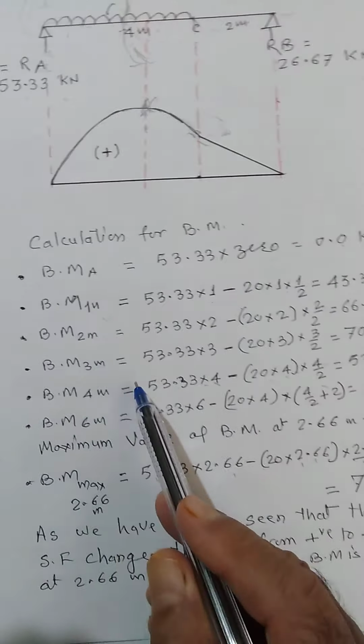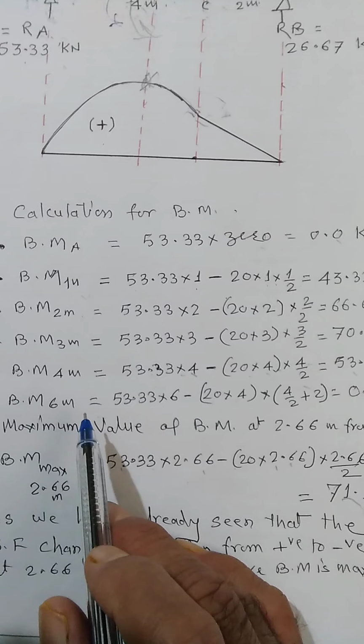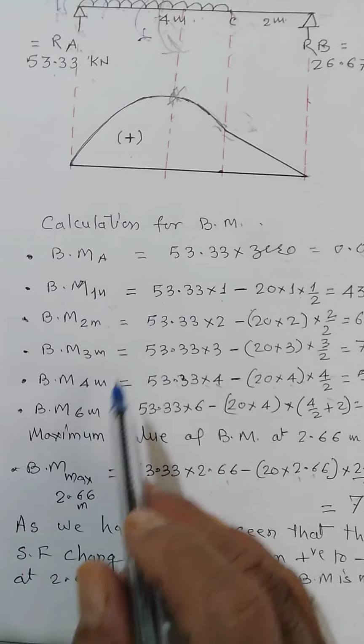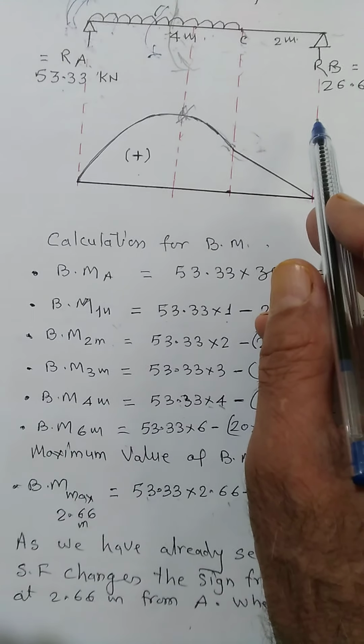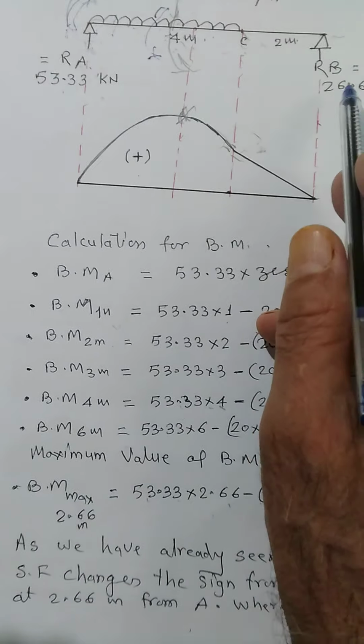This must be clockwise and this must be anti-clockwise. This must be anti-clockwise like this. And finally, when we reach up to B, that is 6 meter from here, we can find that it must come out to be 0. And we find yes, it is coming out to be 0.